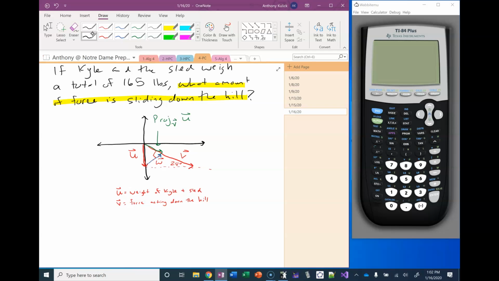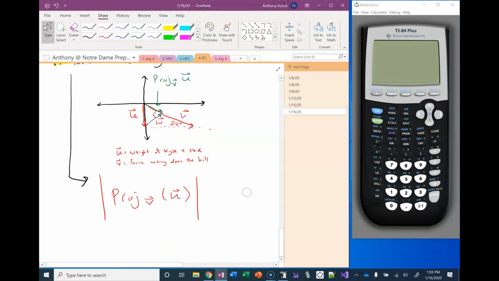So what we're looking for then is really just the magnitude of the projection of vector U onto V. That's all we need. Everybody okay there? So this is what we're going to be trying to calculate.